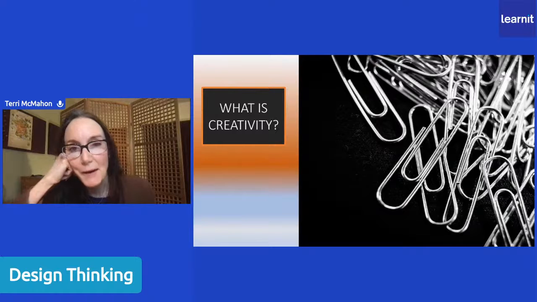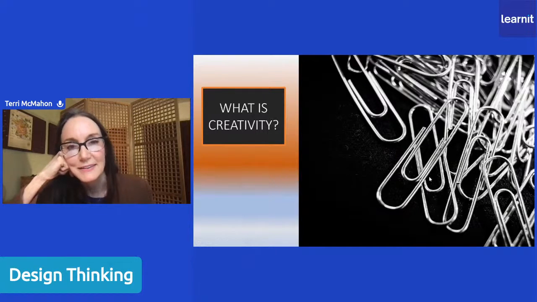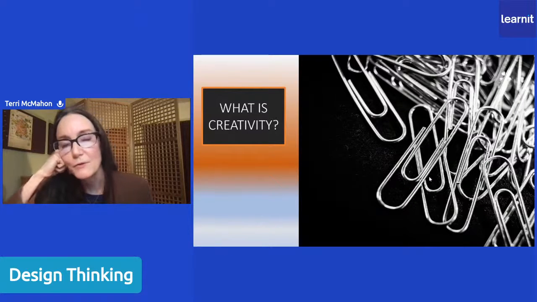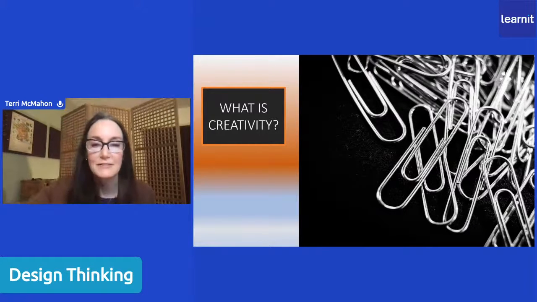Would you please come up with as many ways as possible that you can think of for using a paperclip? Imagine a paperclip. Think of how many different ways you can use that paperclip. Offer your ideas in the chat. Let me know what you can use a paperclip for.